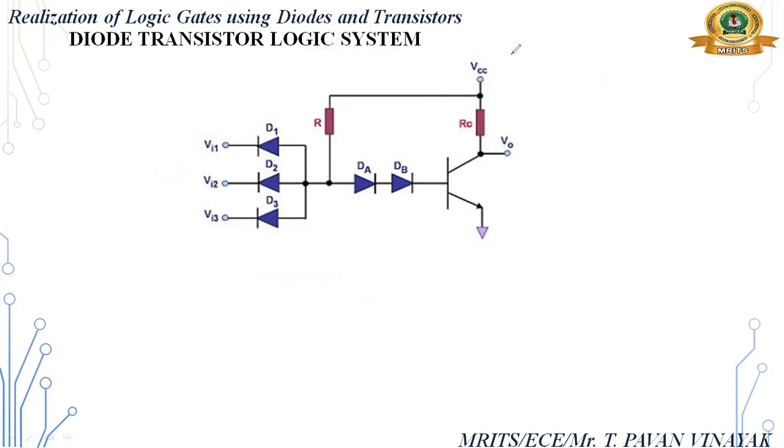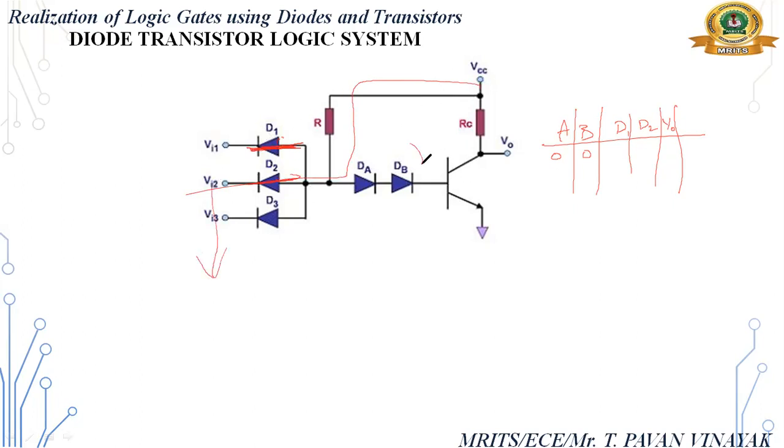Let us see the working. I am taking only two inputs, for example, D1, D2, A, B, and Y. Whenever A is 0, B is 0, what happens? It is closed, right? So VCC comes like this, and whenever VCC comes to ground, this diode will be forward biased.